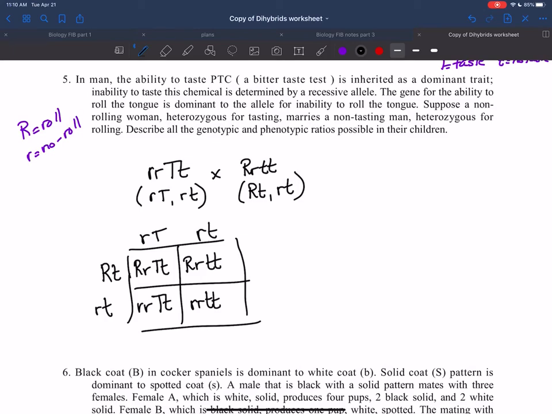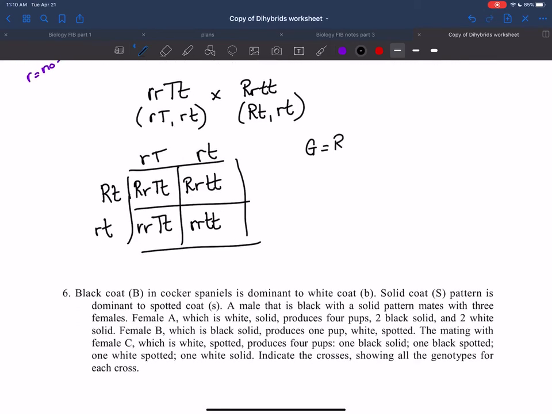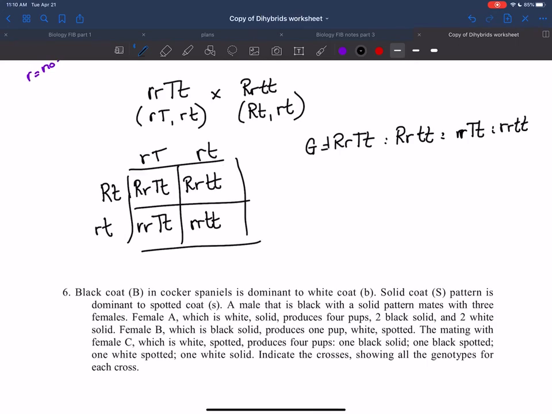And so for genotypes, again, I have to write my ratio. See, these are all different. So it's a 1 to 1 to 1 to 1.